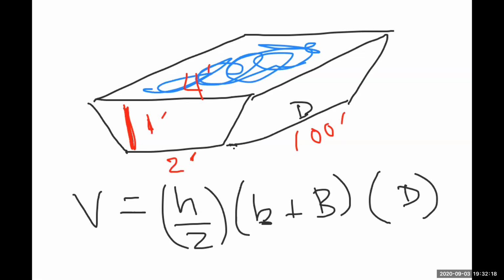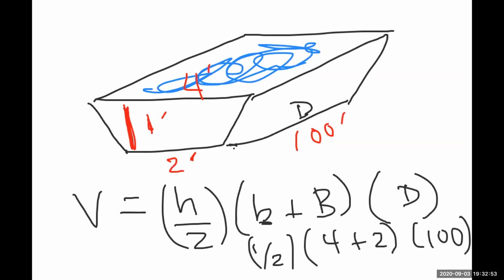What would that be? So I have the height, which is 1 divided by 2. I always run out of space. So I have 1 divided by 2, the B and the bottom B, times 100.